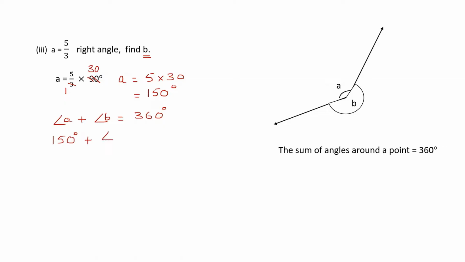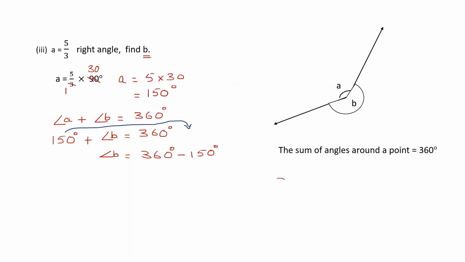Angle B is what we're going to find out. On the other side, we have 360 degrees. Now I'm going to find out angle B. So 360 degrees remains as it is. I'm going to move my 150 degrees to the right side and it becomes minus 150 degrees.